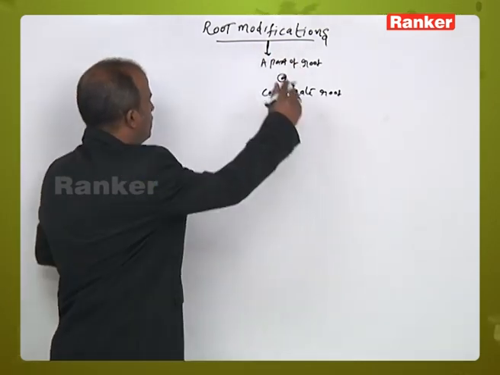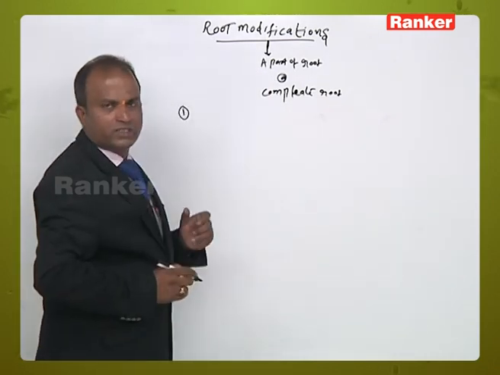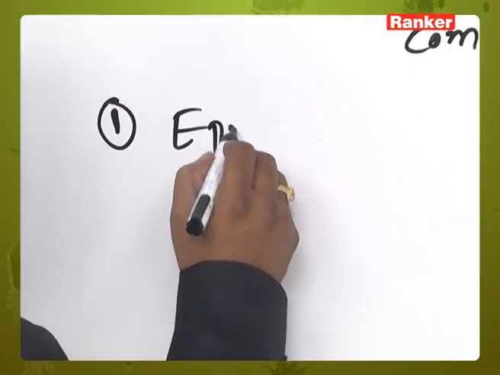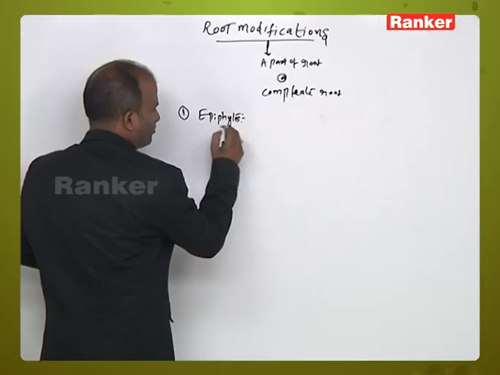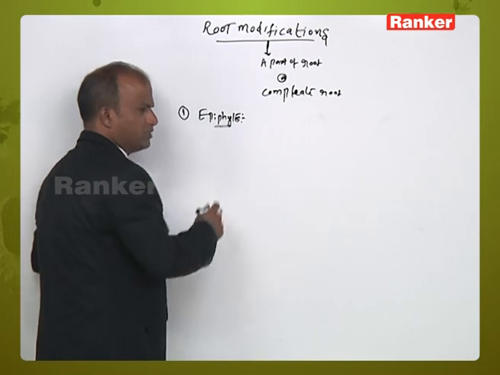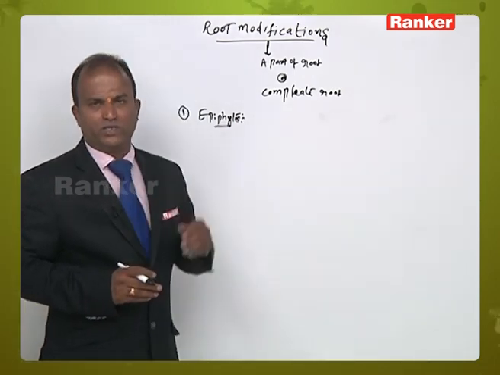In root modification, what is the first type? That is nothing but epiphytes. What is meant by epiphytes? These are the smaller plants which grow in evergreen forests.